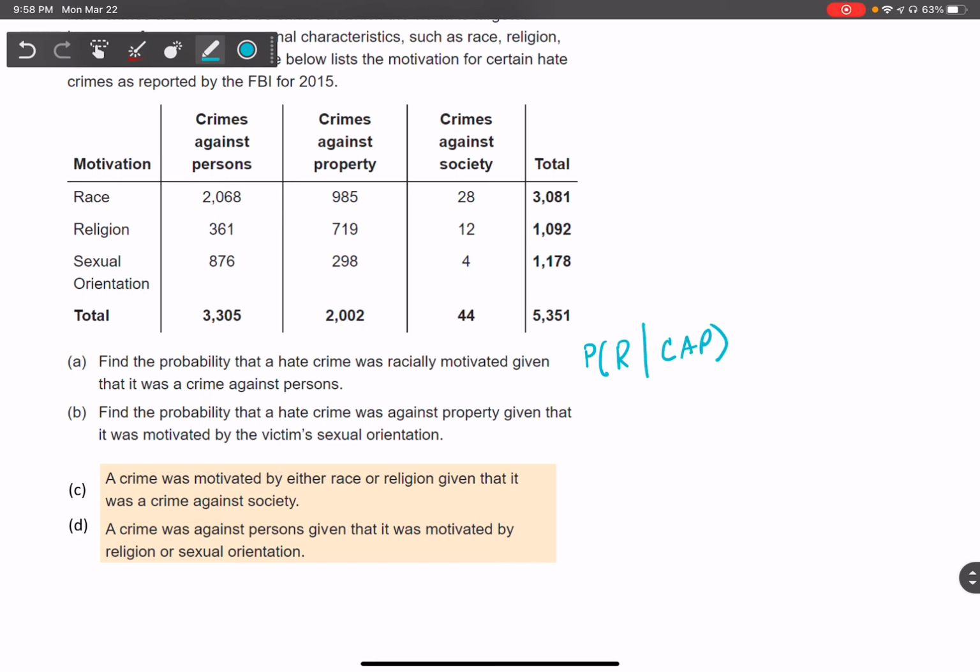So in this case, since we're only looking at crimes against persons, we have 3,305. That can be our denominator. We only need to look at that spot. And then we have 2,068 that were racially motivated.